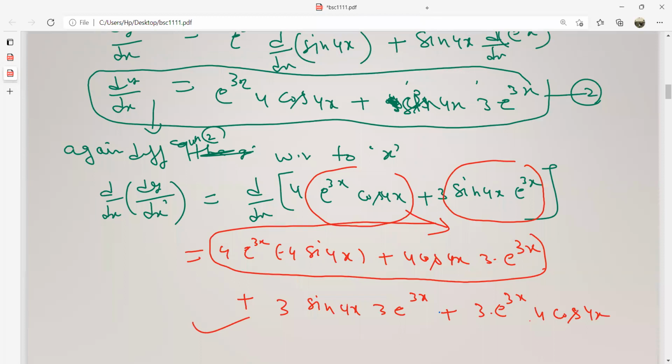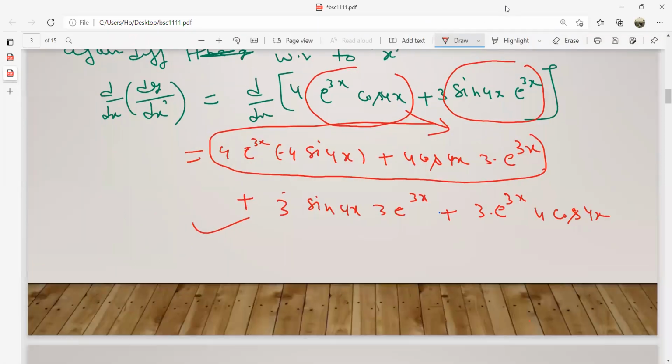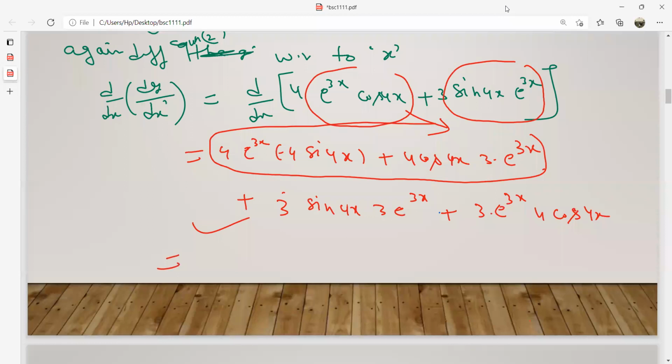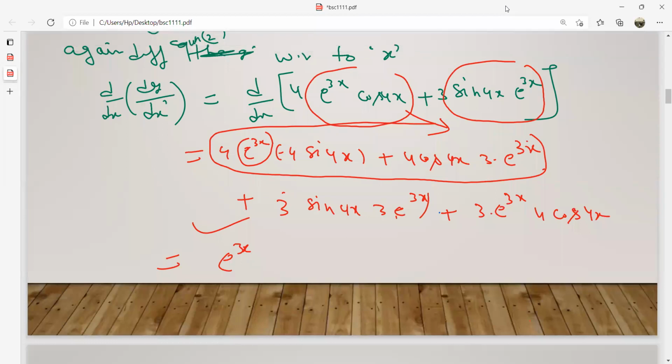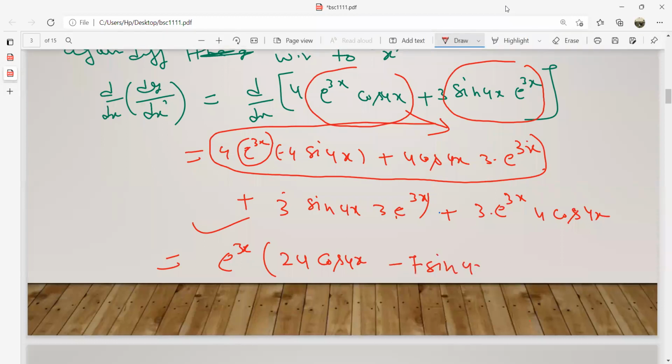Again you have to simplify this function. After arranging these terms, e^(3x) is common in all of them. So we take e^(3x) common outside of the expression, and here totally 24 cos 4x minus 7 sin 4x.